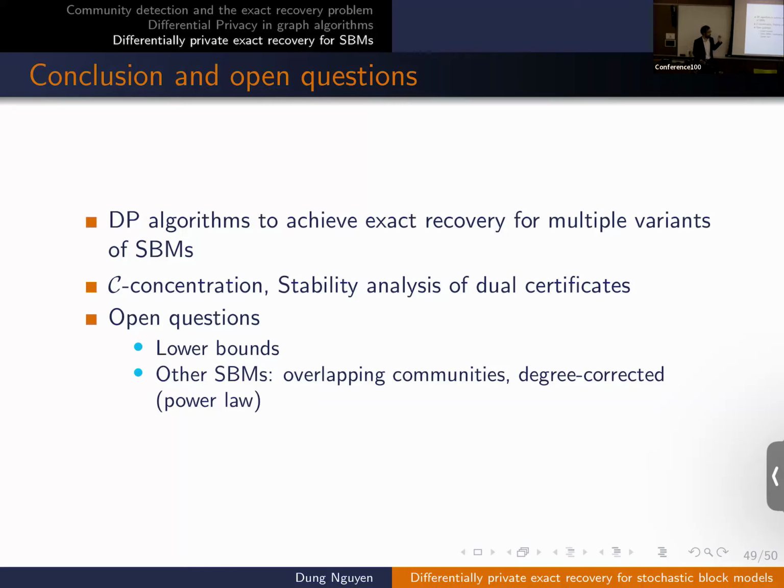First, we just proved the upper bound side of the problem, which means when the condition holds, we can do exact recovery. We don't know if there is a lower bound for differentially private algorithms, which means, with a fixed epsilon and delta, under what condition we cannot do exact recovery. We don't know it yet.